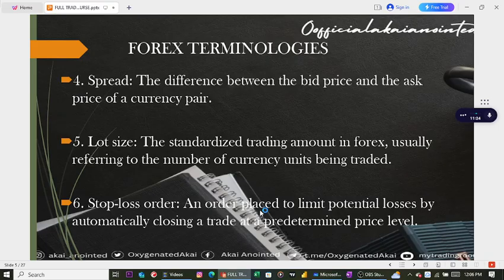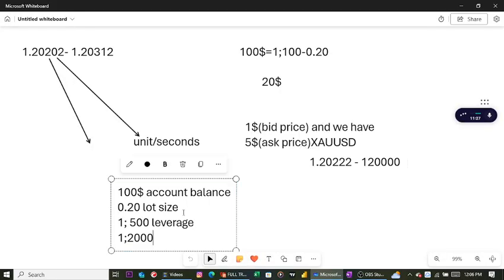Then we move to lot size. Lot size is the amount of a currency pair you want to buy or sell. So we have nano lot size, which you see mostly in synthetics, like Volatility 75.